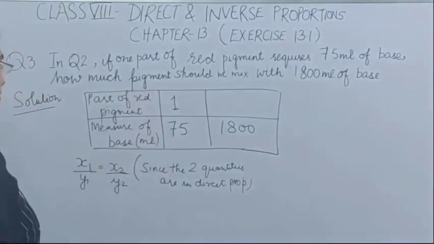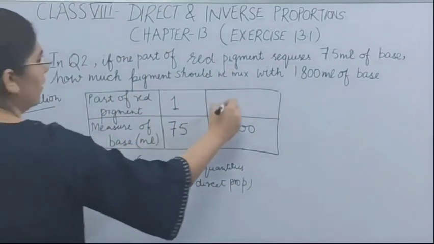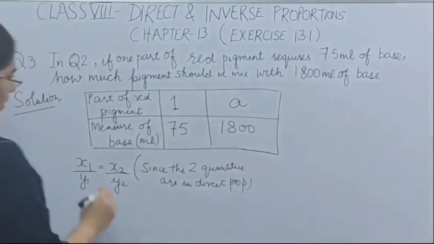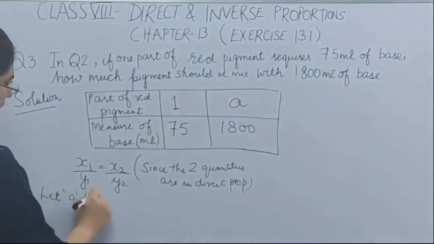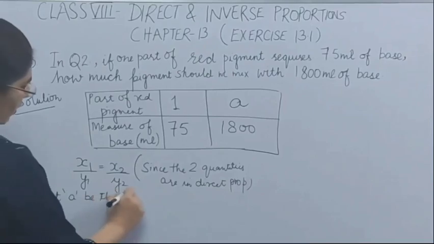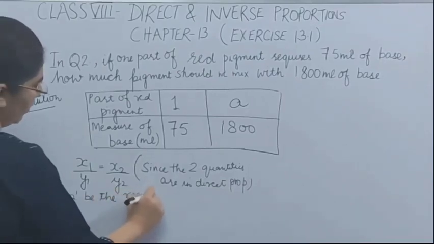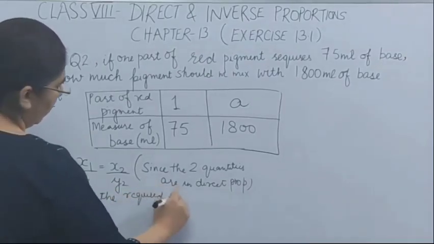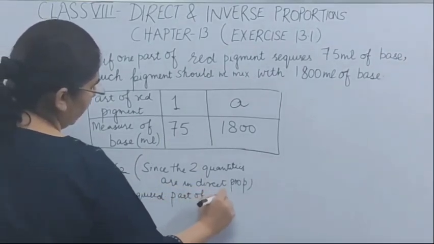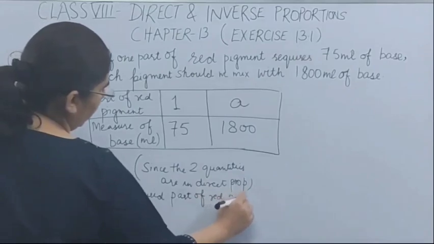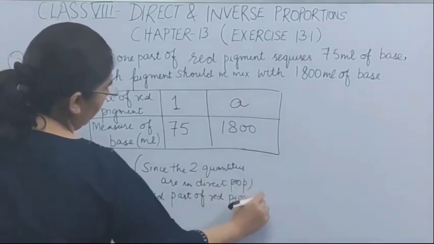Just substitute. So, let A be the required part of red pigment. Okay.